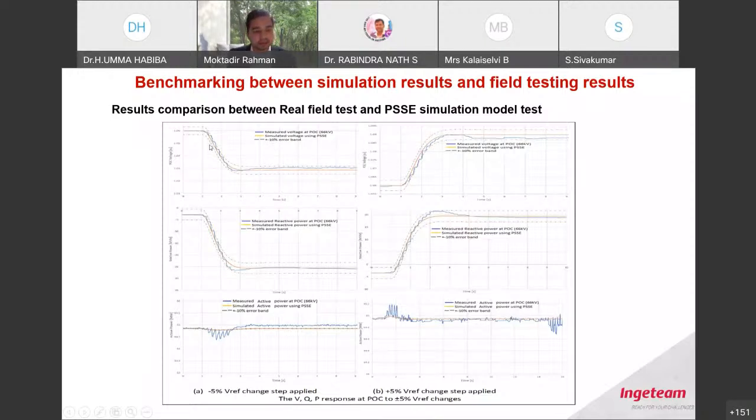As you can see, the simulation results and the plant response are very close, within the error band. For example, active power is slightly outside because of the cloud movement. The active power is moving, so this small variation is acceptable.